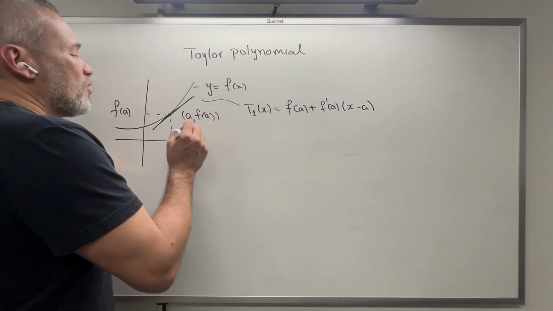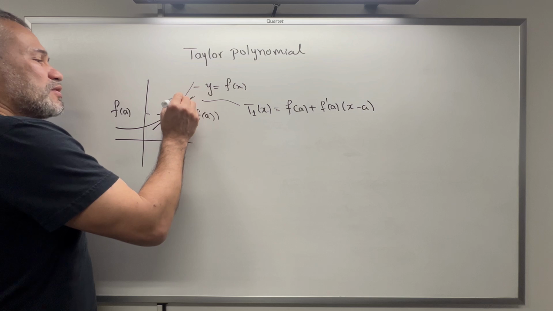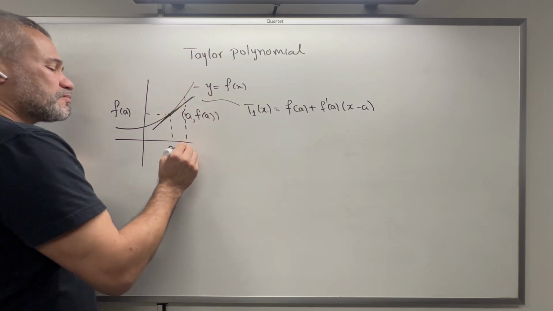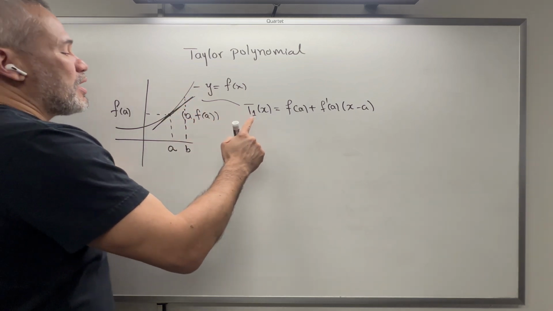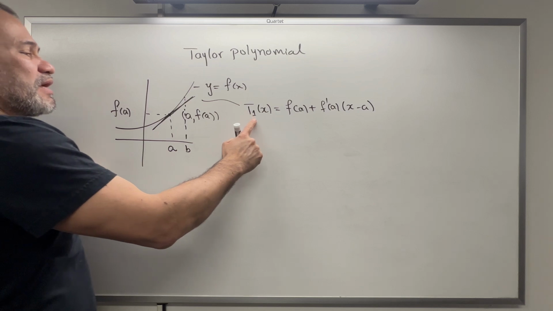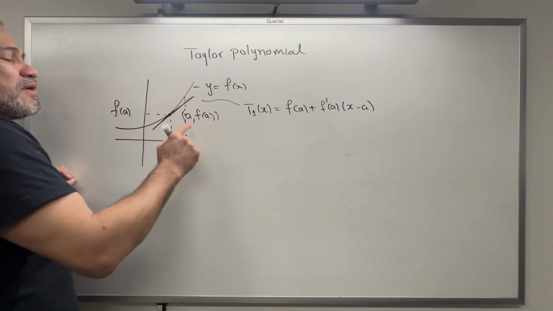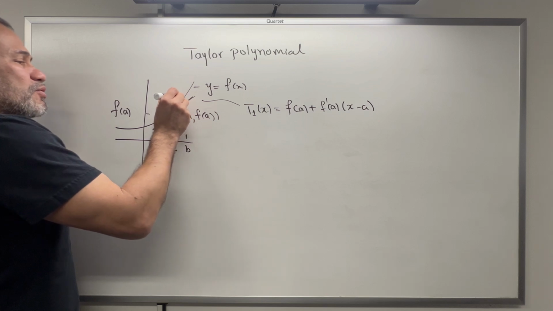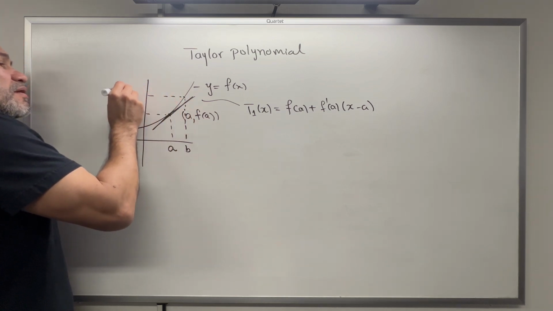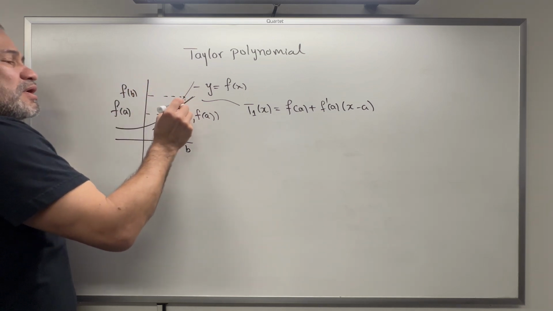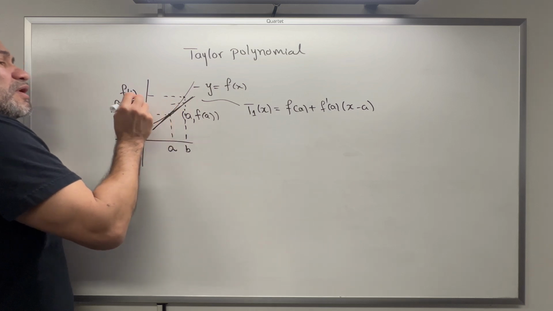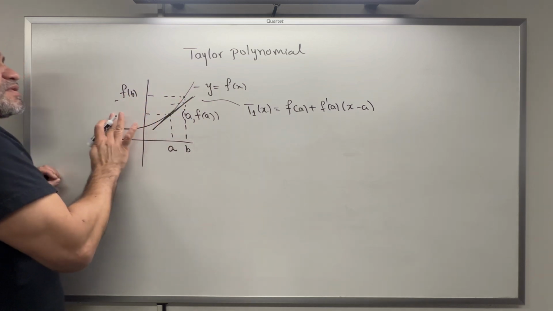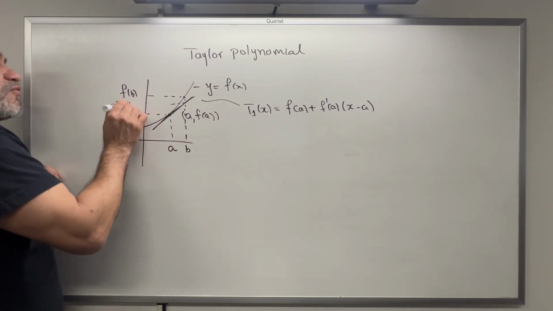Then what we're going to do in this video is estimate the error of this line with respect to the function f. What I mean is, given a b, we can compute f of b using the function, and we can compute this value, t1 of b.